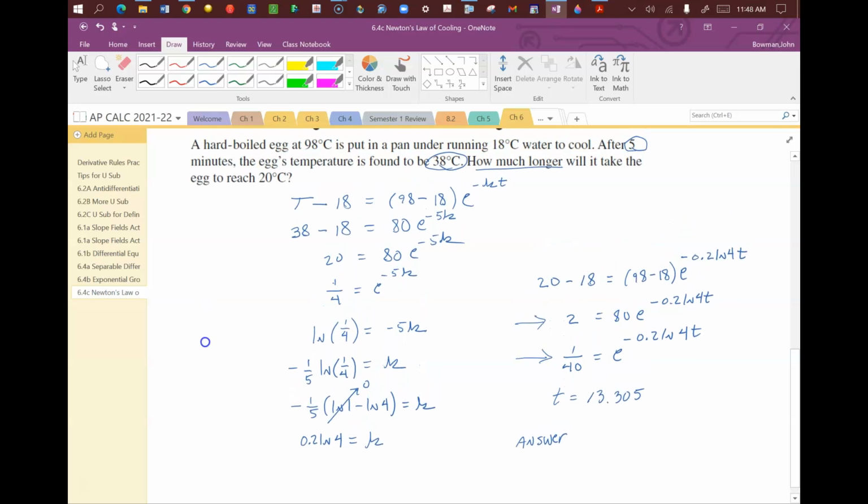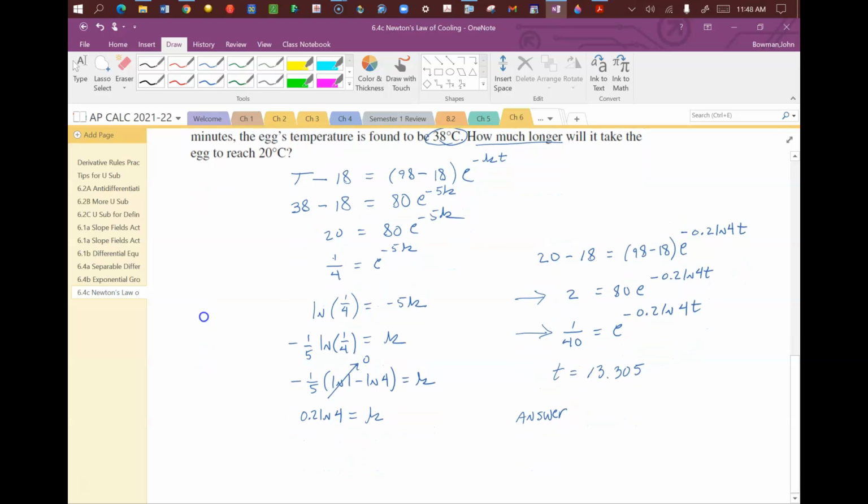Well, after the first 5, it dropped to 38 degrees C. So our answer is going to be 13.305 minus 5, so we have an answer of 8.305.